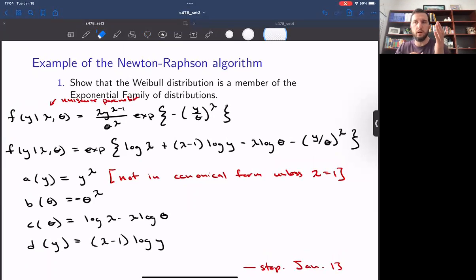Basically, given some curved function, we want to find the point that gives us the maximum value of that function.